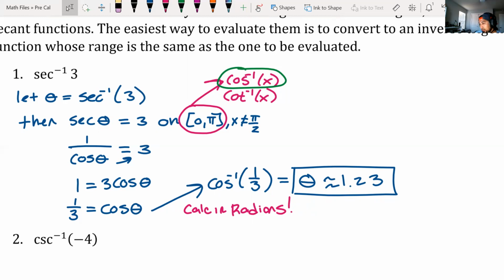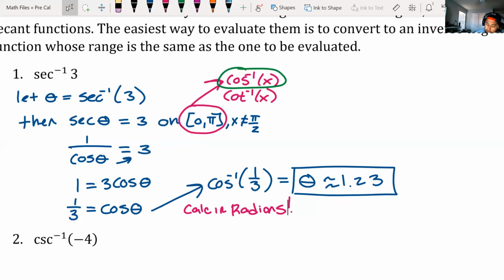It says right here it's 1.57. But you won't be able to get there because x can't be equal to pi over 2.